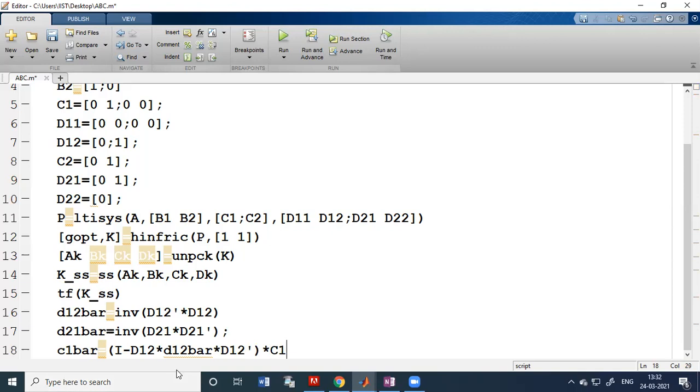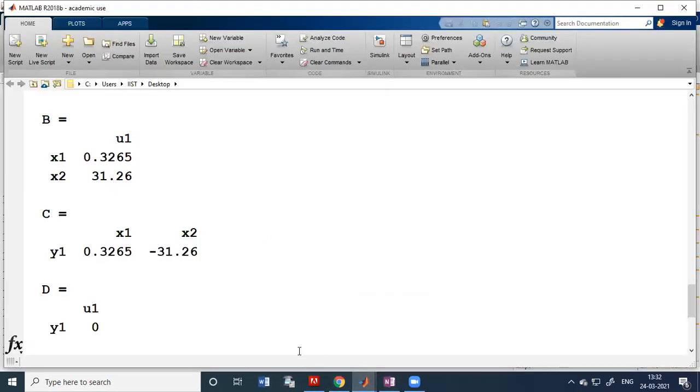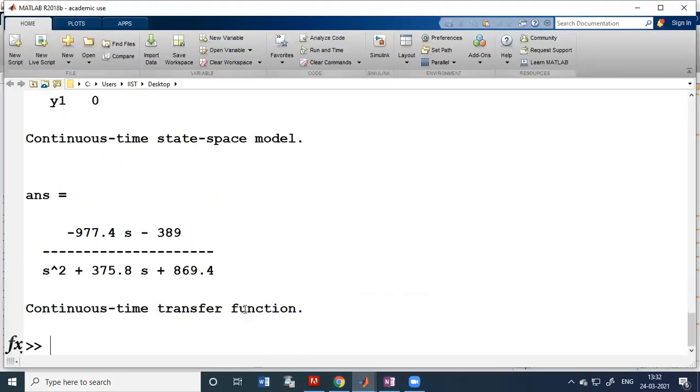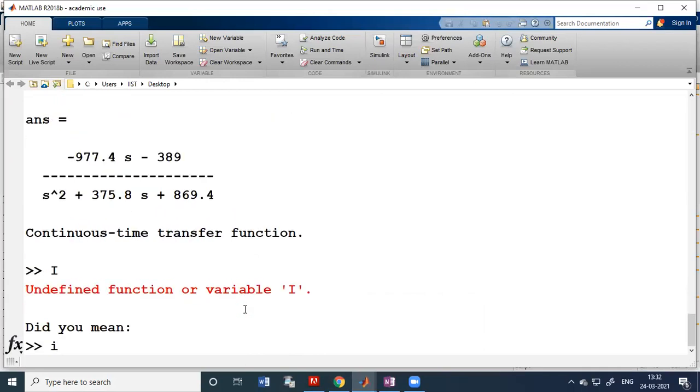So what is I here? Sir, identity matrix. What should be the size of the identity matrix? In MATLAB, if I type I, it says I is undefined. You have to define the size. It should be 2 by 2.